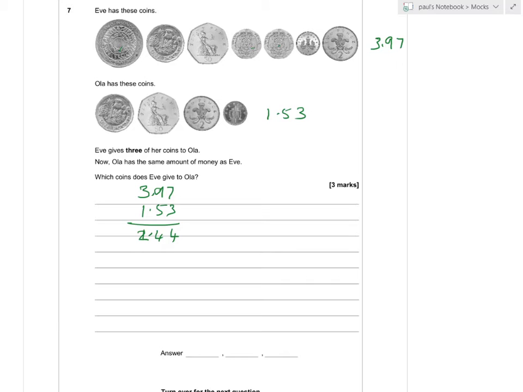Let's give her the £2 coin. So then that would make her 353. I've added these up wrong, haven't I? She'd only have 197 then. That can't be right. Is there £2?